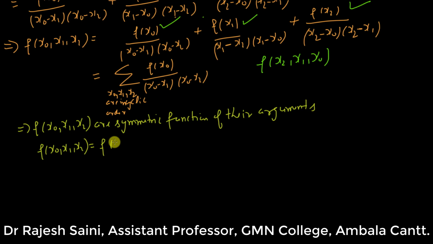If we start with x1, we write it as x naught x2, result will be same. If we write it as x1 x2 x naught, result will be same, and any number of permutation we make, the result will be same.